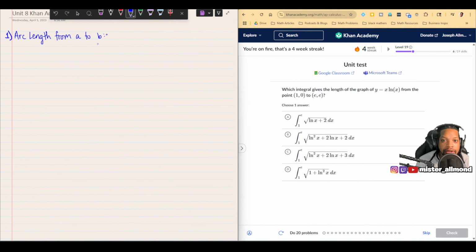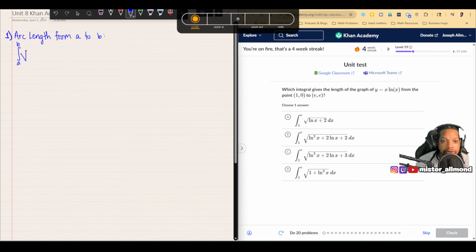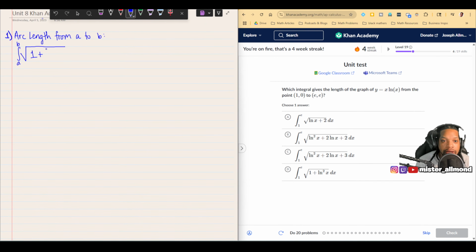That way, if I got my formula right, then I can't really go wrong. And this formula I know is, I'll write it like this: the square root of 1 plus f prime of x squared.